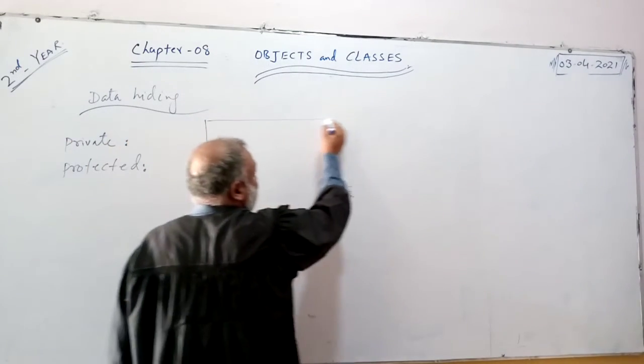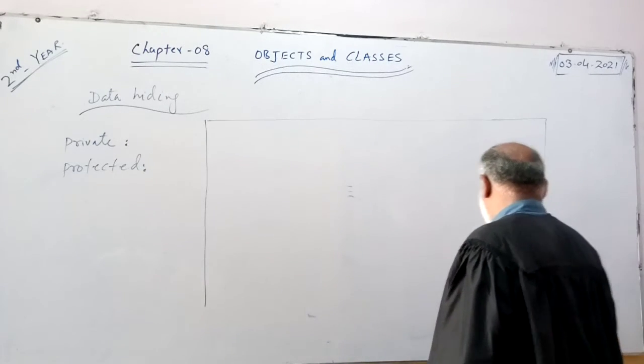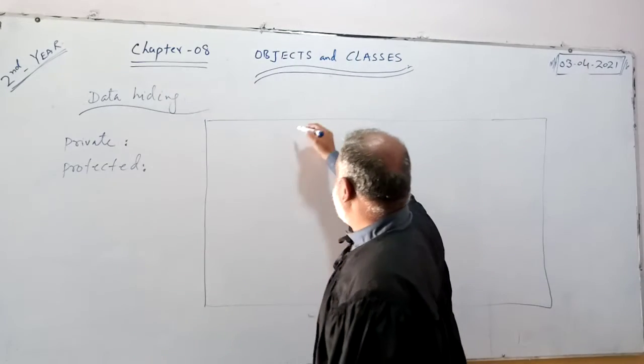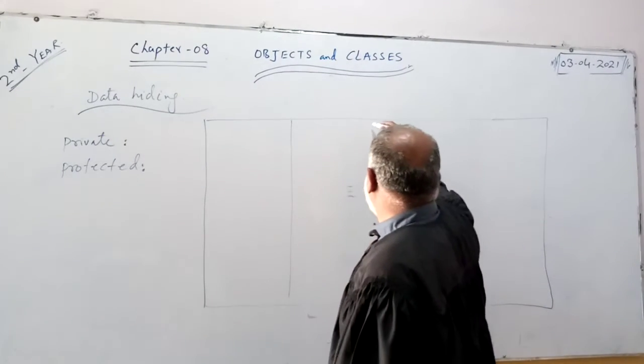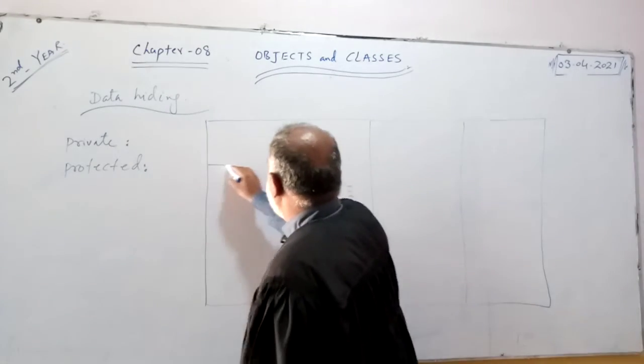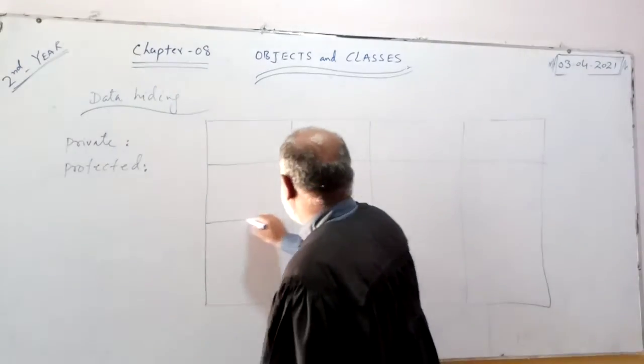Let me draw a complete table, and from this we get clear information about where we can use and access these private members, protected members, and public members.